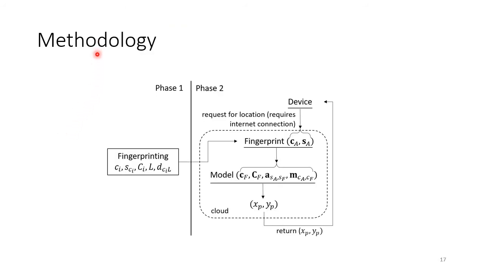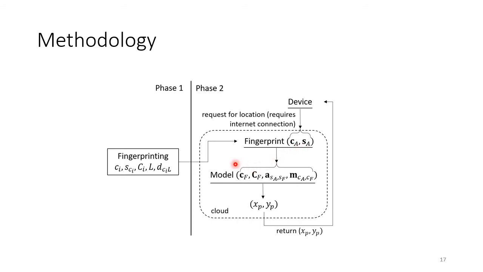Here we describe the methodology in more detail. As mentioned before, it is divided into two phases. The first phase is to create a fingerprint for the target area based on these attributes. And the second phase is to deploy the mobile localization service. The device requests its location by sending vectors CA and SA, that is, reported cell IDs and reported signal strengths respectively.